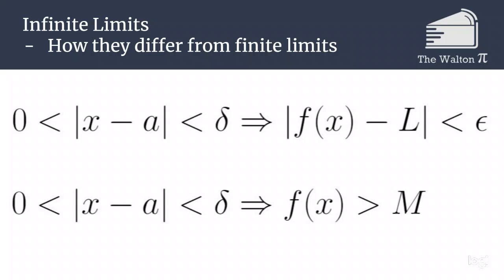If it's a finite limit, then the absolute value of f of x minus L is less than epsilon, meaning we are less than epsilon away from the actual limit. Now we can't say we're less than epsilon away from infinity, so the way we do that is we say there is some very large cutoff value that we're going to call M, and then if we are inside our delta neighborhood, we are going to be bigger than that value of M.